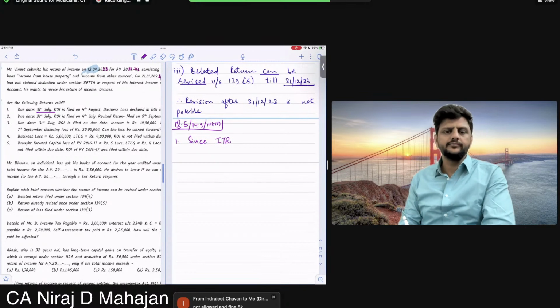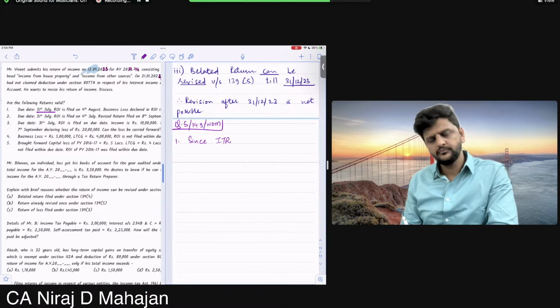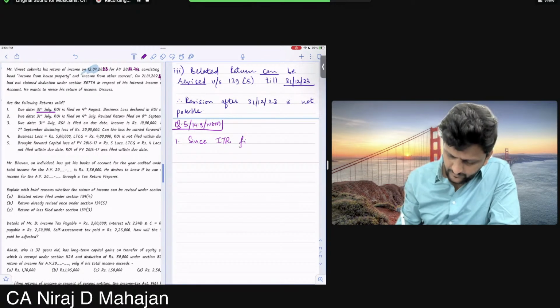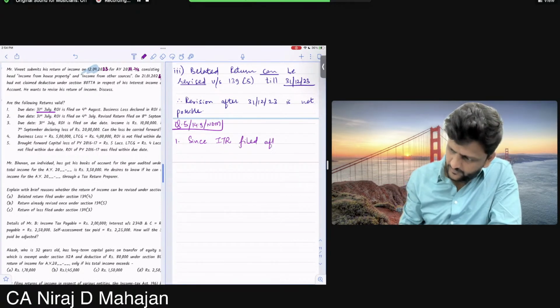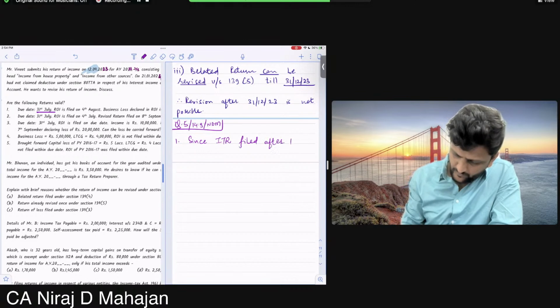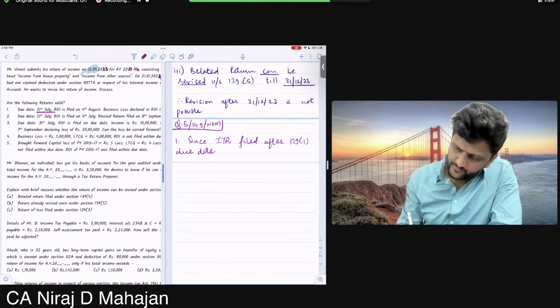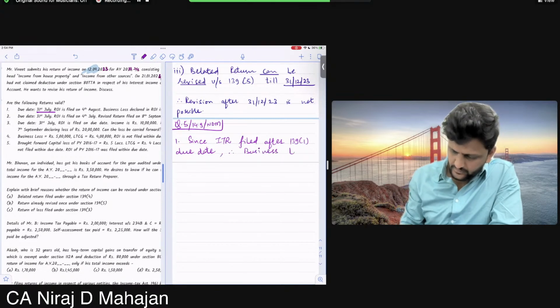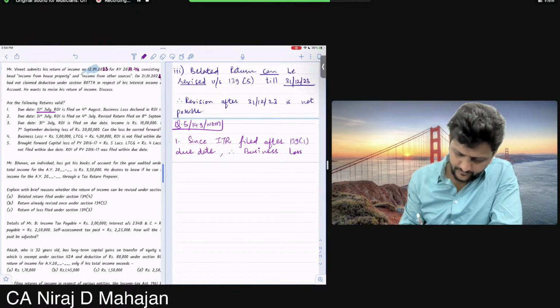Since ITR was filed after the due date, the business loss cannot be carried forward.